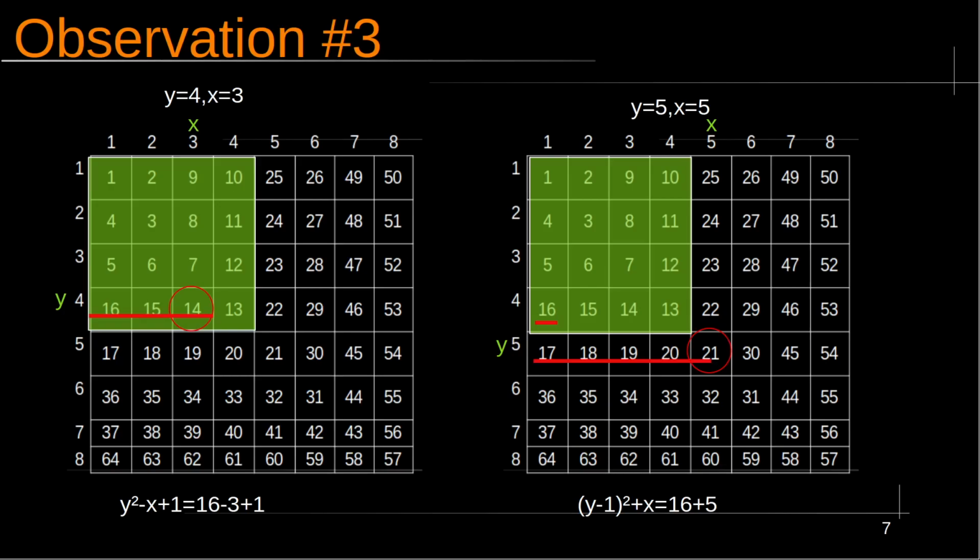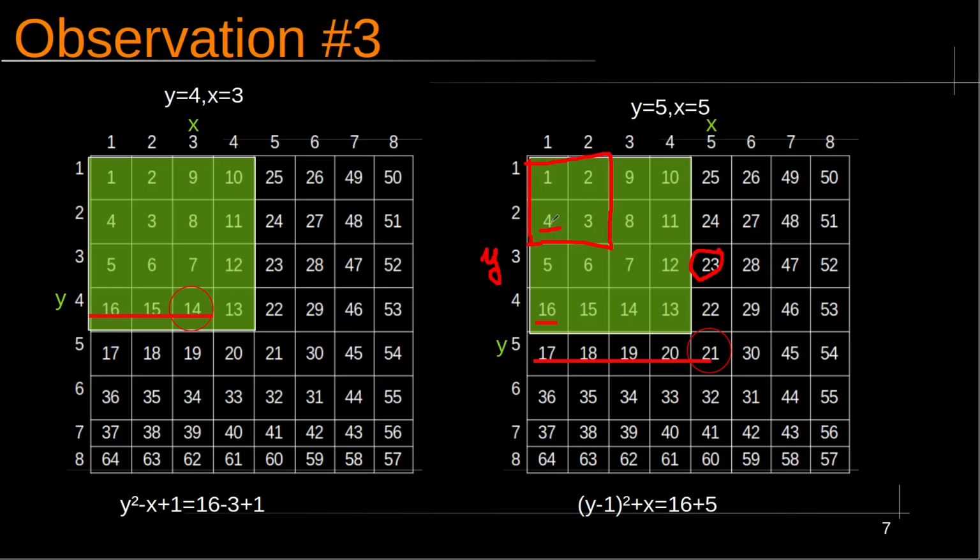So in this case, as you see, y must be greater or equal to x, because if y is less than x, for example, let's take y is equal to 3 here, for example, we can use this square, and to compute 23, we have to use this element.